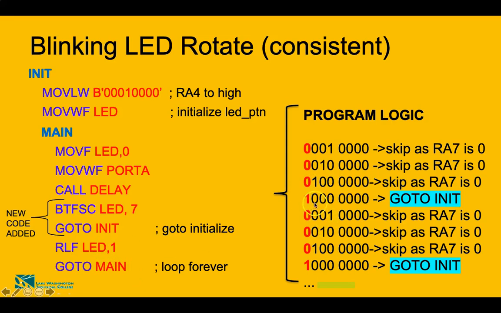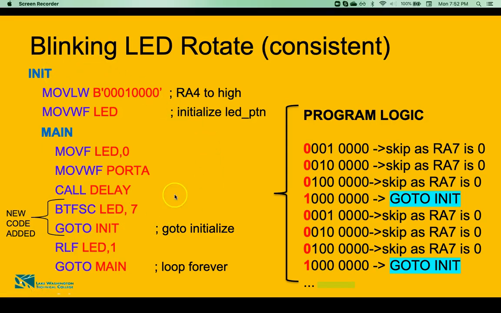And then in the fourth step, when RA7 is turned on and it reaches here, it says bit test F, skip if clear, and it sees this bit is not clear. If it is not clear, then go to INIT, which means it will go to this step.